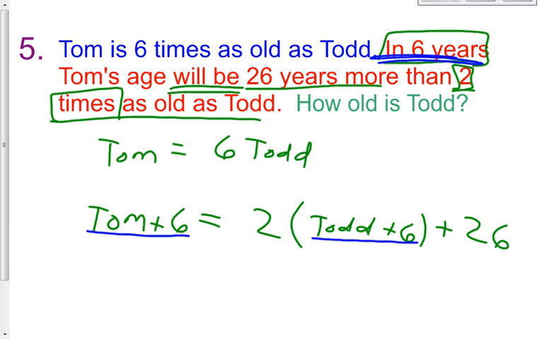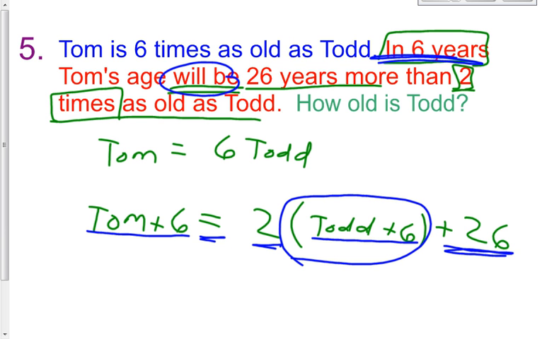Tom's age will be, this means equals, 26 more than, and that's how we got this part, more than 2 times as old as Todd. So 2 multiplied by Todd, and Todd is right here because remember it's Todd plus 6. Whew! So that second equation is a tricky one, but there is our system, and now we're going to solve.